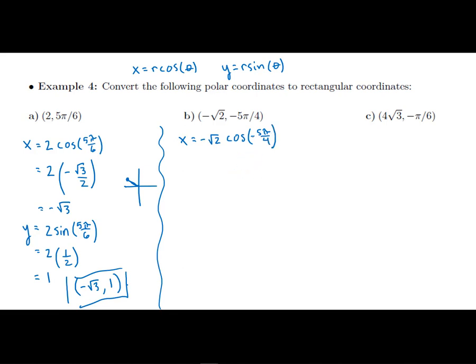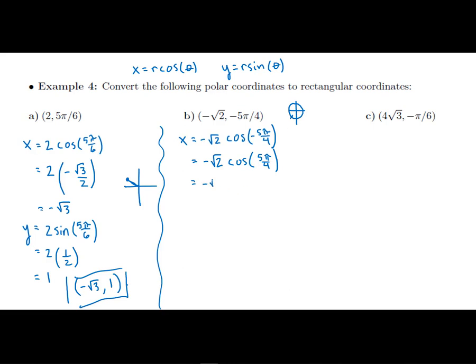Remember that negative 5 pi over 4, if you take the cosine of it, that's the same as taking the cosine of positive 5 pi over 4, because the cosine is even. So the cosine of a negative is the same as the cosine of the positive value. And then 5 pi over 4, right? That is in quadrant 3. So the cosine is going to be negative there.